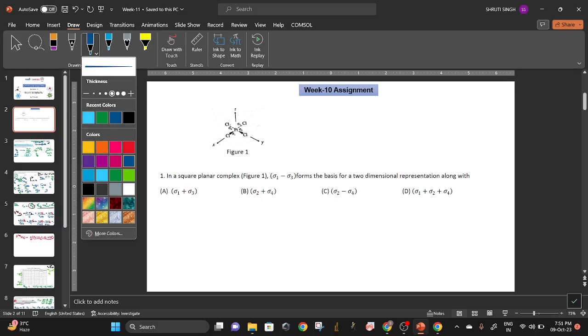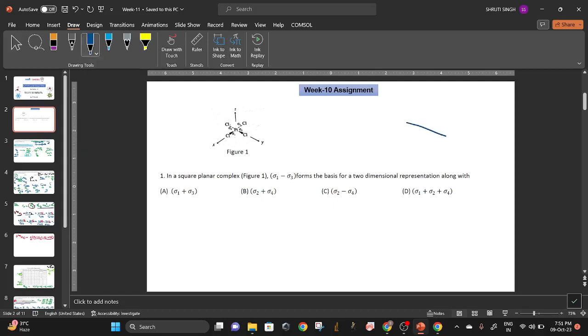For now we have sigma 1 here. Let me write like this: sigma 1, sigma 2, sigma 3, sigma 4.